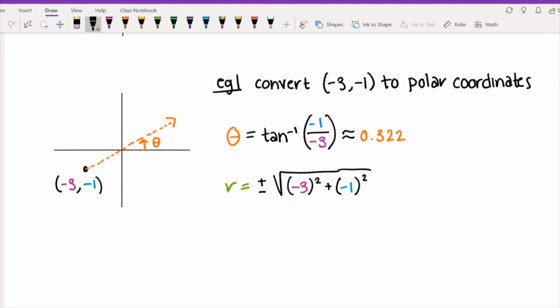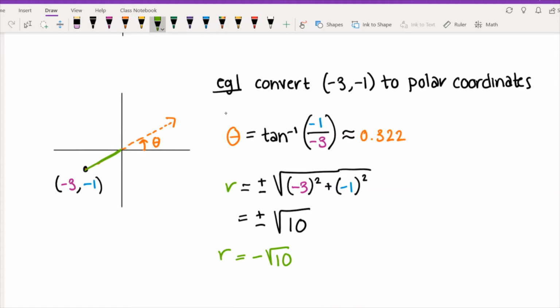That's plus or minus the square root of 9 plus 1, which is 10. Because the point we're looking for is in the opposite direction from our angle, r has to be equal to negative square root of 10. So here is where that radius actually goes.